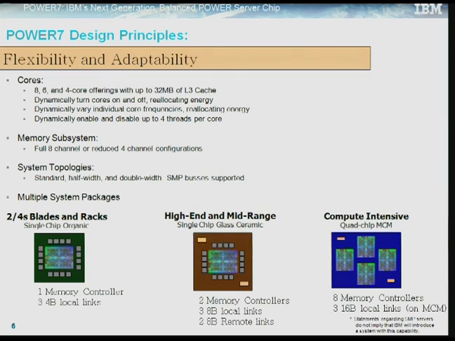A low-end organic package with 1 memory controller and 3 4-byte links for systems up to 4 sockets, a high-end ceramic package bringing out both memory controllers and 5 8-byte SMP links for up to 32-socket systems, and a compute-intensive package offering 32 cores per socket with doubled-up internal buses for high-performance computing applications.